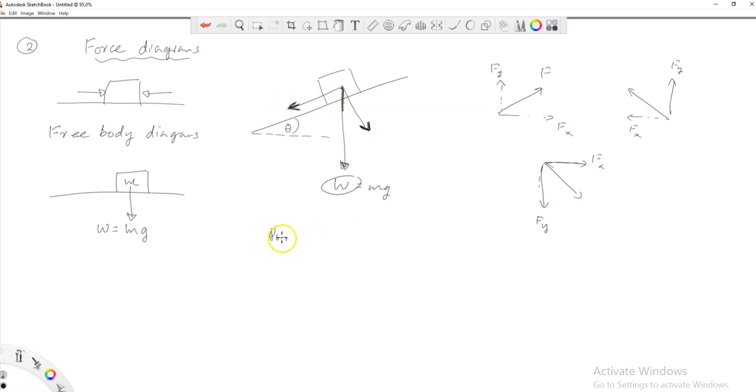So parallel to the plane, perpendicular to the plane. So we divide the main vector into parallel and perpendicular components. To do that, we need some angle.